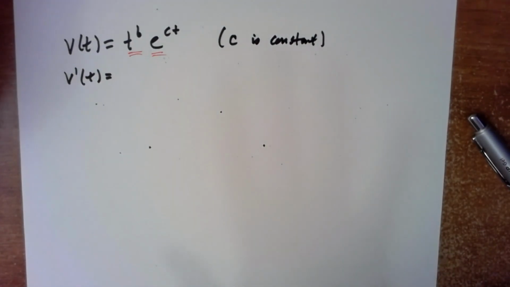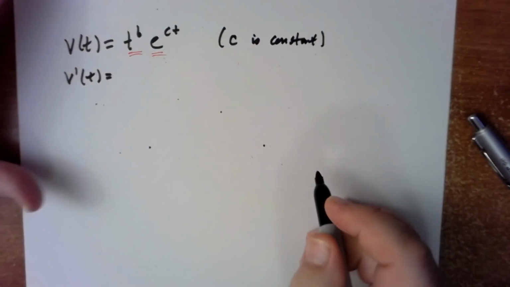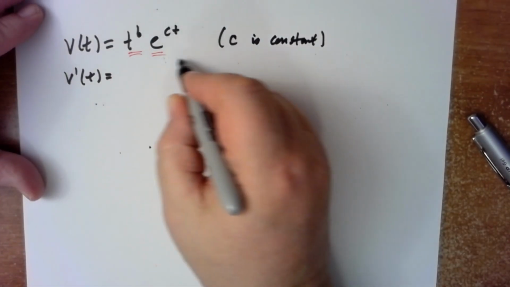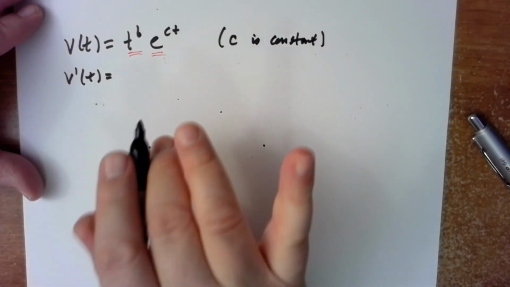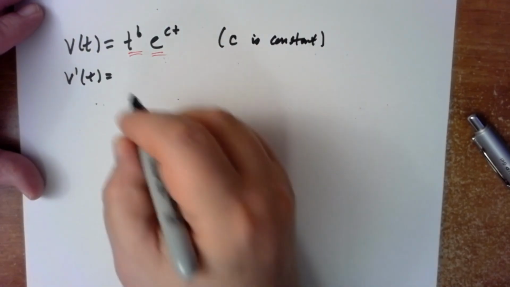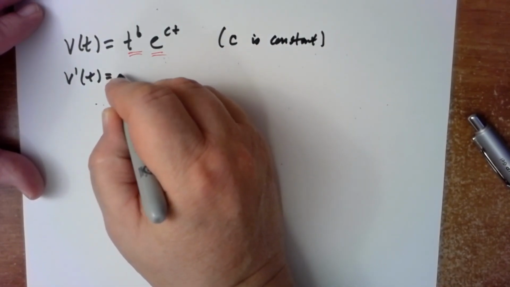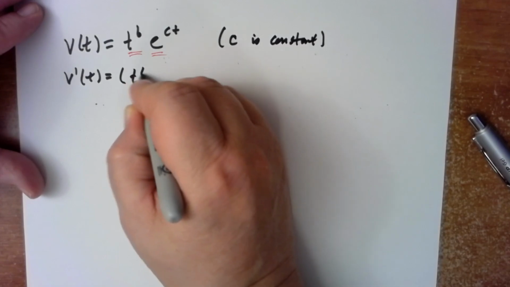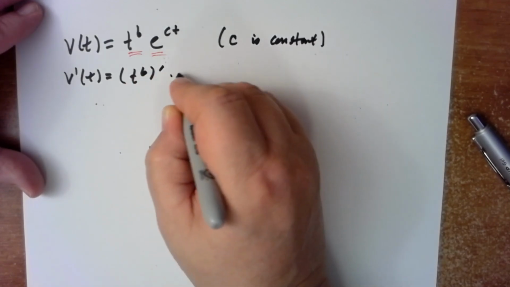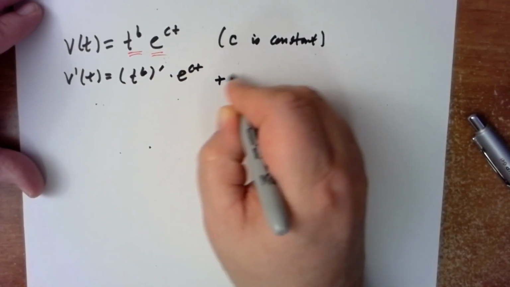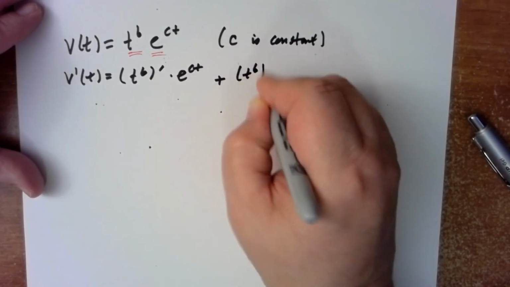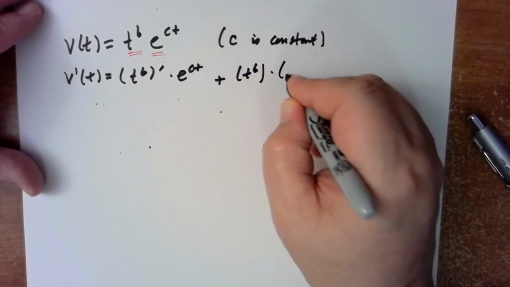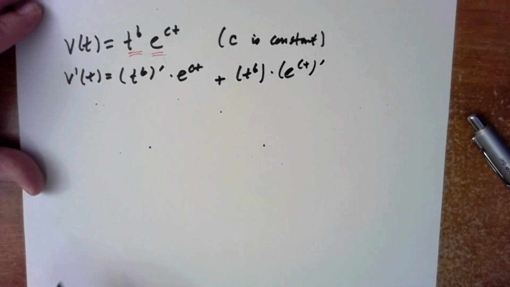And so the big rule that we're going to be using is the product rule. And so we'll just go ahead and write the product rule out first, and then we'll fill in the details like we did the last time. So I'm going to take the derivative of the first function times the second function plus the first function times the derivative of the second function.